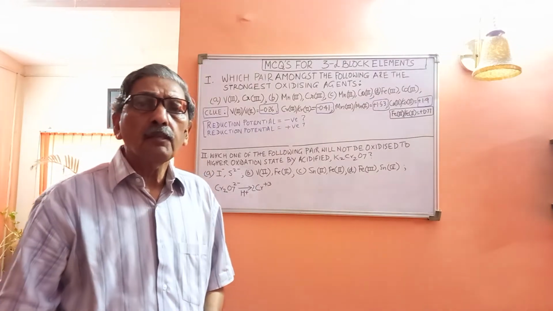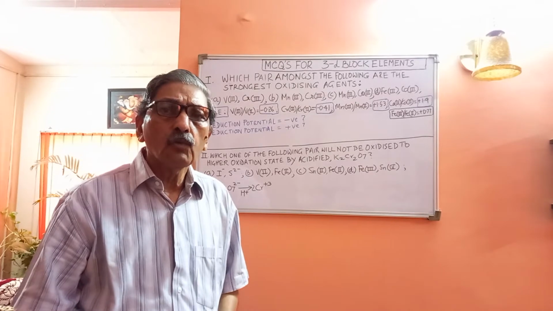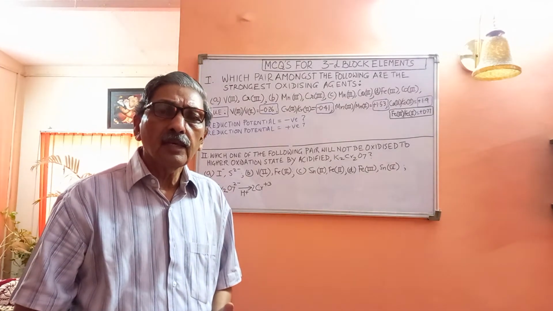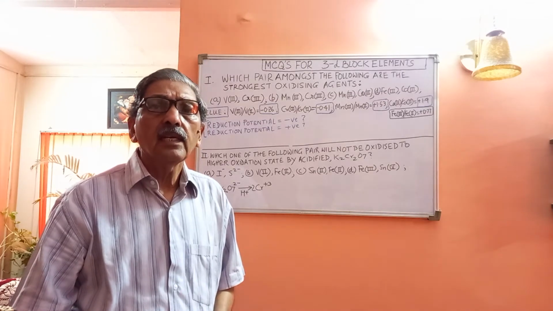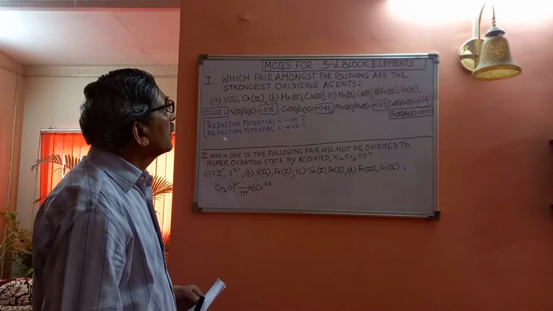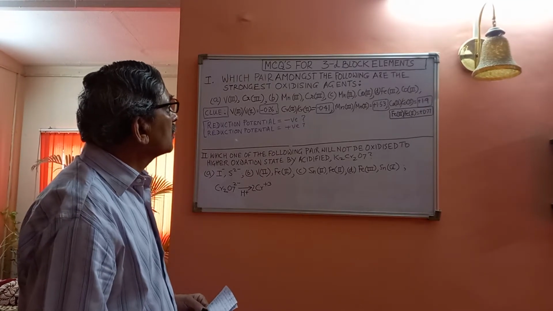Now let us take up the first question, which you encounter quite frequently, but I have rephrased it in a slightly different manner. The question reads: which pair amongst the following are the strongest oxidizing agents?